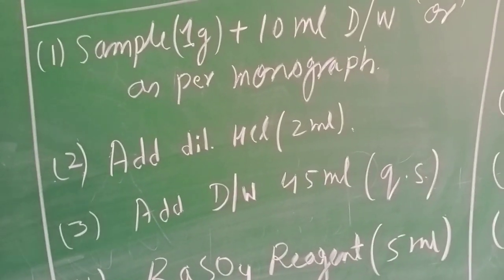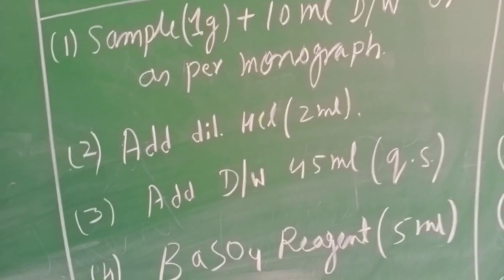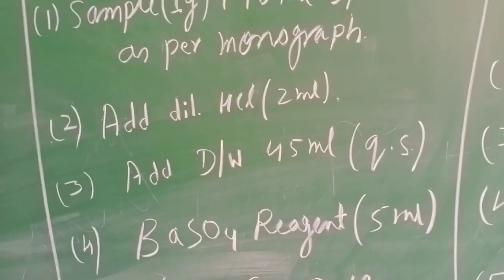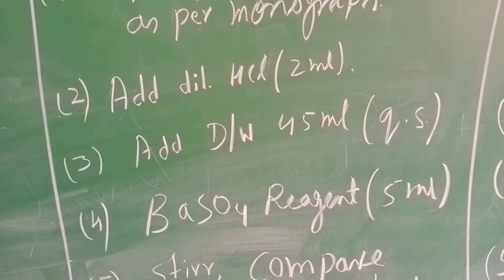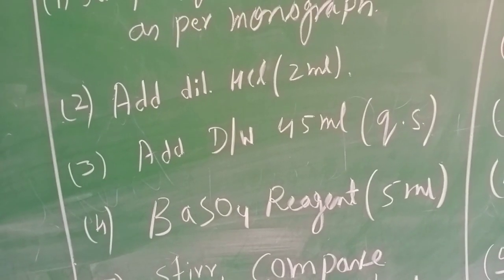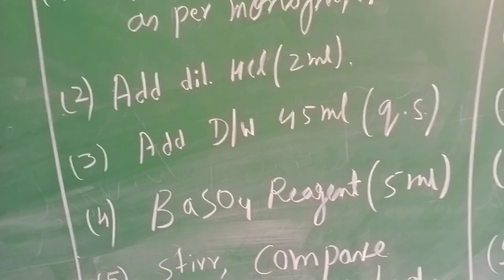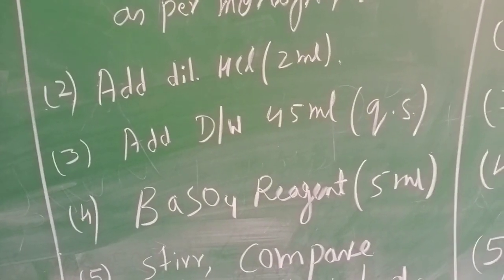Hence further we have to add distilled water quantity sufficient to 45 ml, and finally 5 ml of barium sulfate reagent has to be added to the sample.